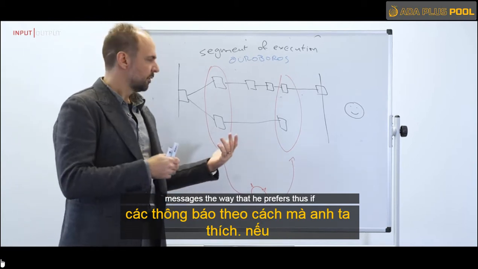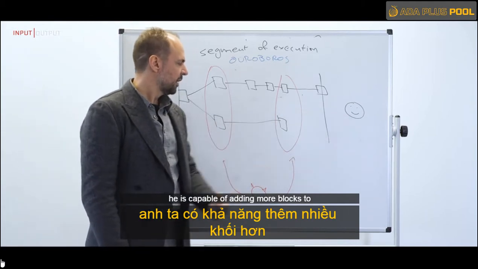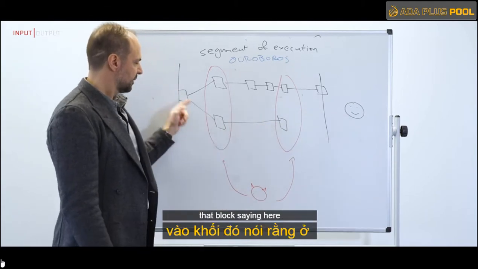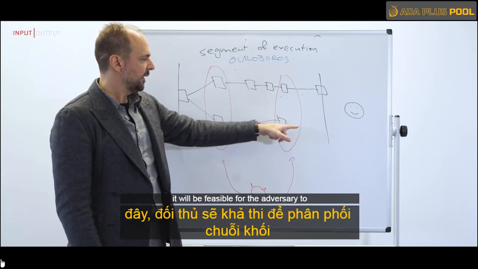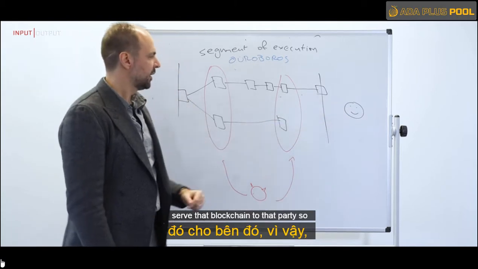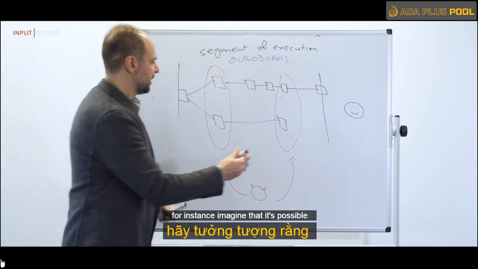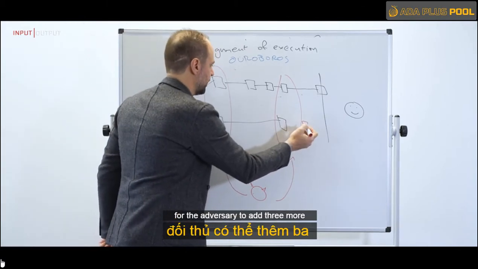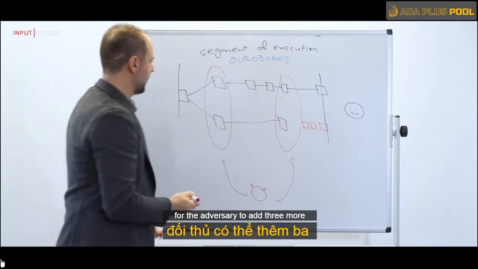Thus, if he is capable of adding more blocks to that blockchain here, it will be feasible for the adversary to serve that blockchain to that party. So for instance, imagine that it's possible for the adversary to add 3 more blocks here.